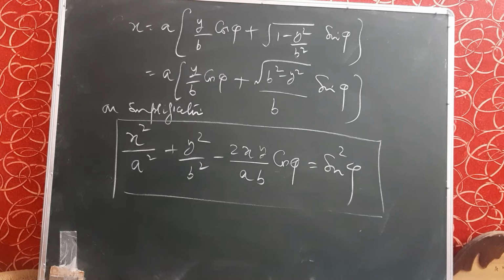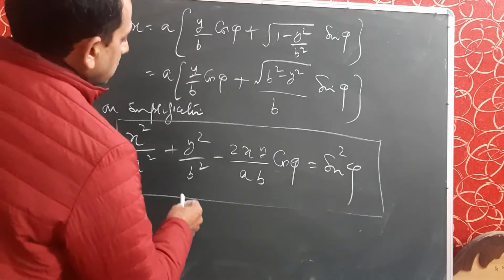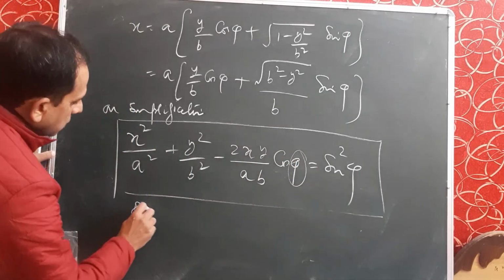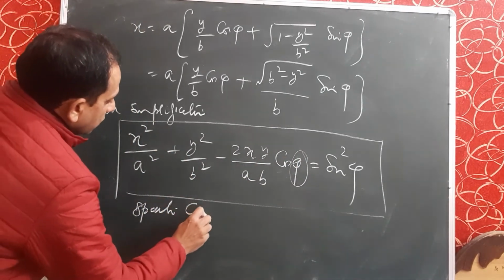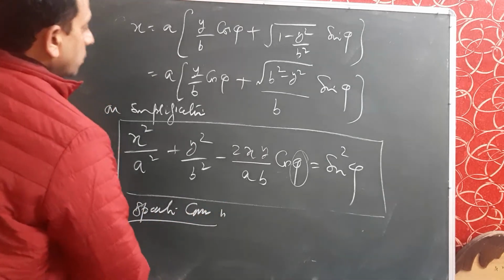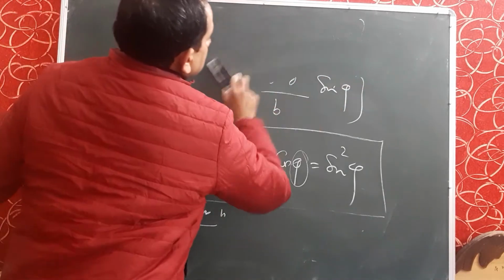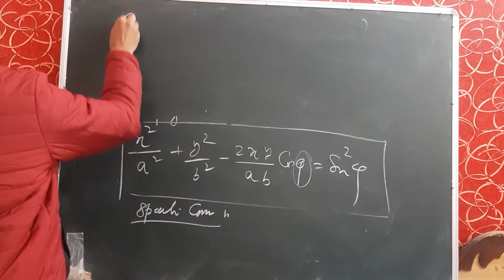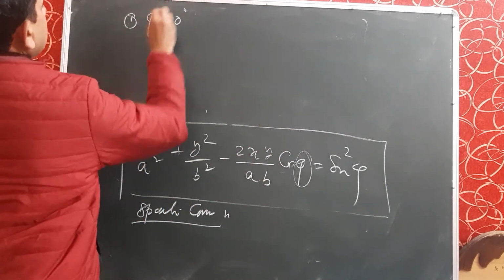So, we will discuss this equation in detail by taking the special cases. So, what are special cases? Special cases are nothing, these are the different values of phi. First case when phi is equal to 0 degree.